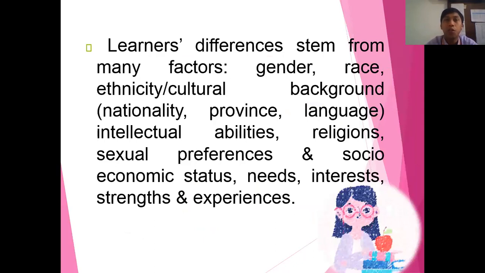What are those factors? Number 1 is gender. Race. Ethnicity, cultural background, nationality, province, or language. And there are some answers in the module of your student, especially those essays. So minsan ay nagiging totoo tayo kasi iba-iba yung tawag nito, how they construct their sentences, especially in Filipino.